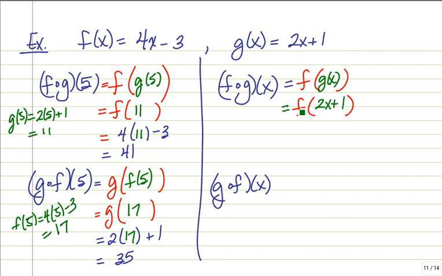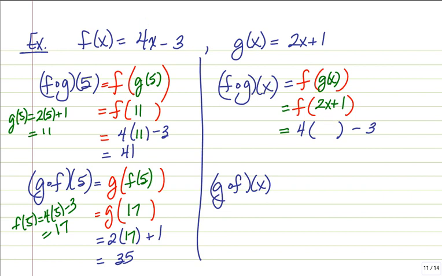Now we want to find f of 2x plus 1. Well, what does f of anything mean to do? If that was just f of 1, we'd have to go to the function f and plug in 1 for x, right? Well, f of 2x plus 1 means we're going to plug inside f this expression 2x plus 1 wherever we see the x. So what is our function f? It says to do 4 times x minus 3. Well, what is x now?